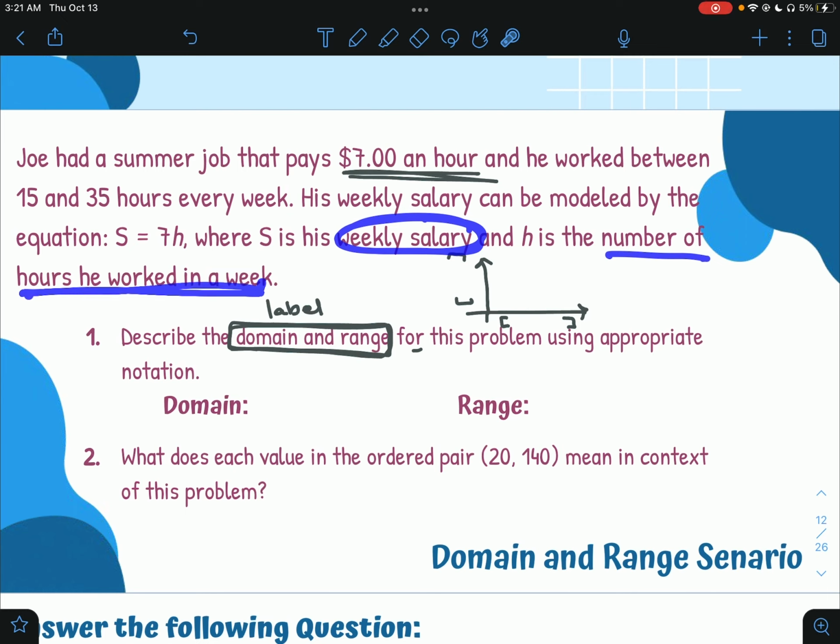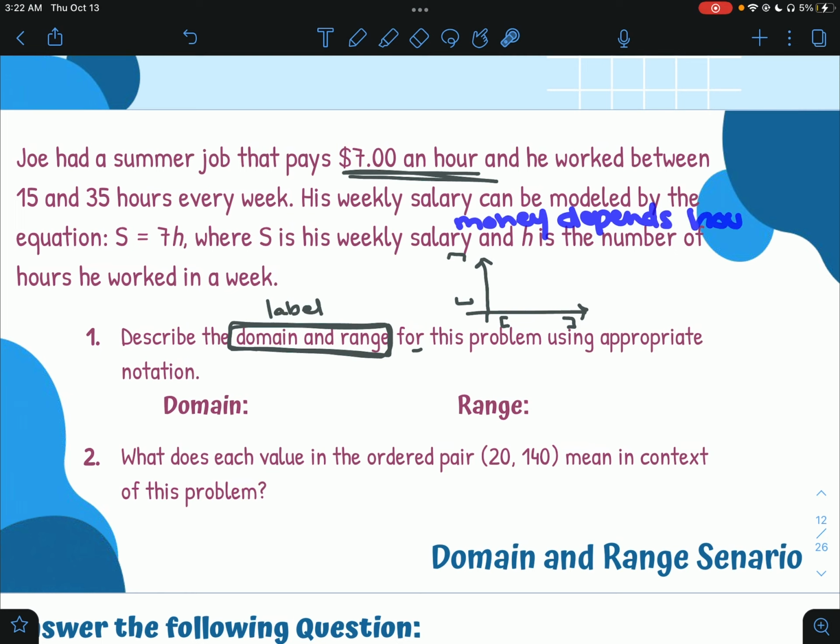Well, the money he makes depends on the hours, making hours our independent variable. You should remember earlier we talked about independent is x. So we can say domain is our hours and range is our money or salary.